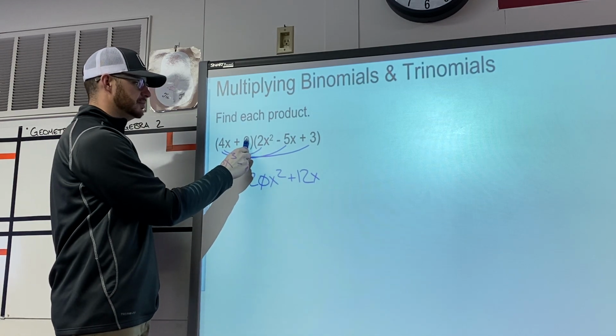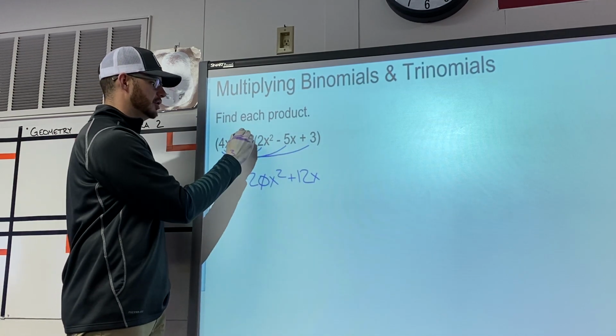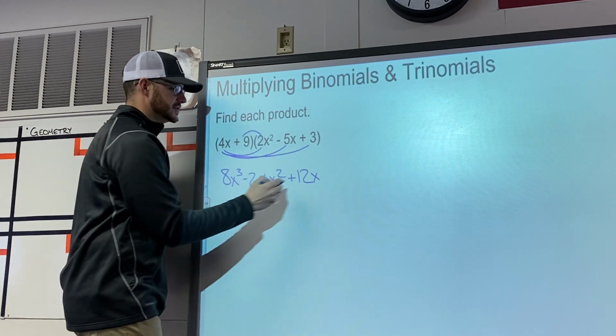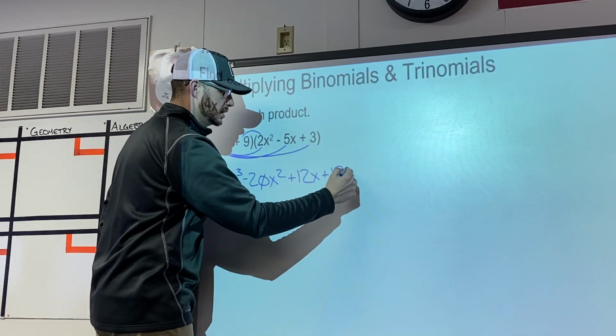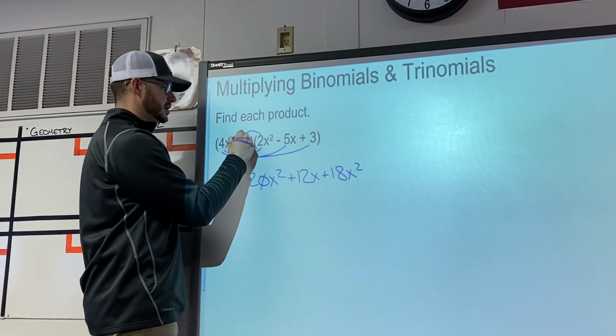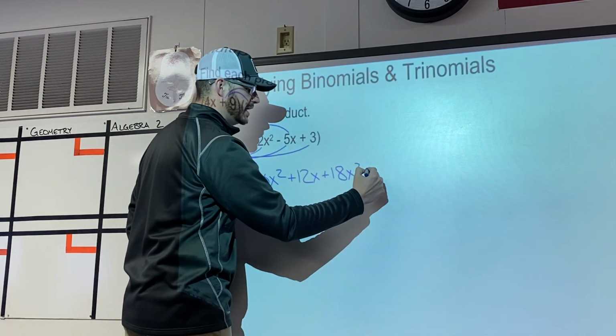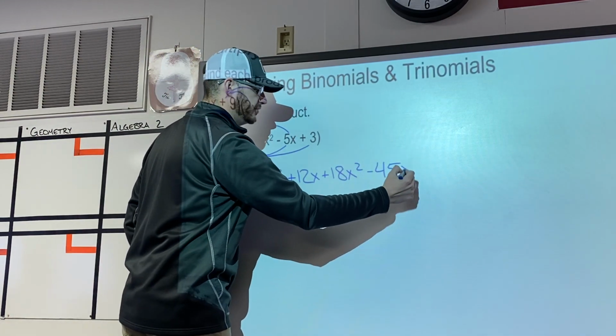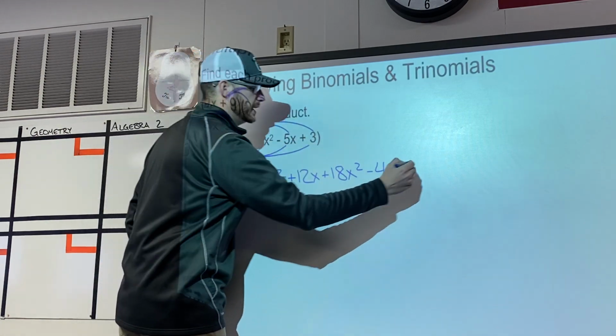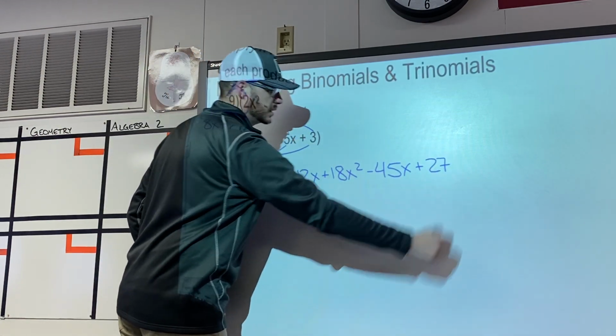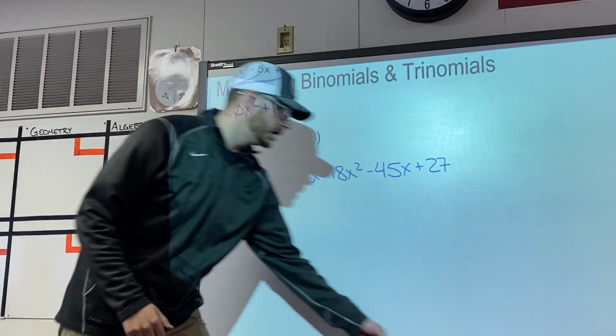Now I need to distribute my 9 into this trinomial. So 9 times 2x squared gives me 18x squared. 9 times -5x gives me -45x. And 9 times 3 gives me a positive 27.